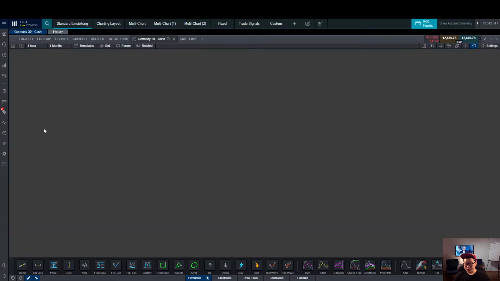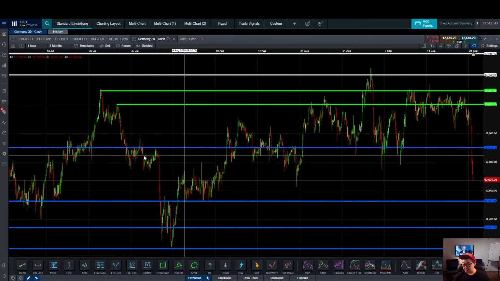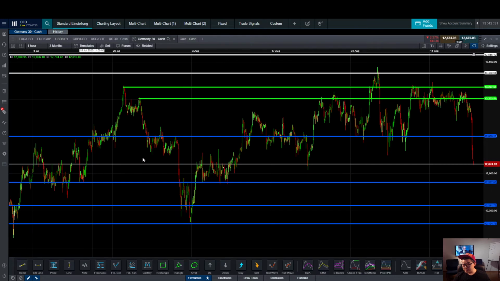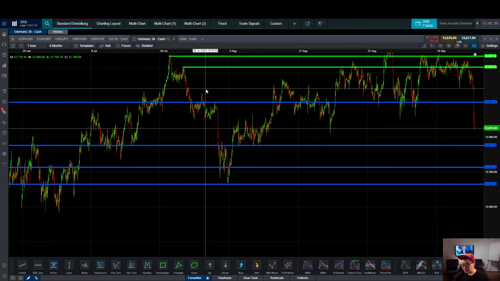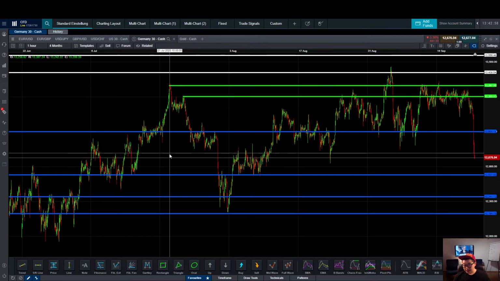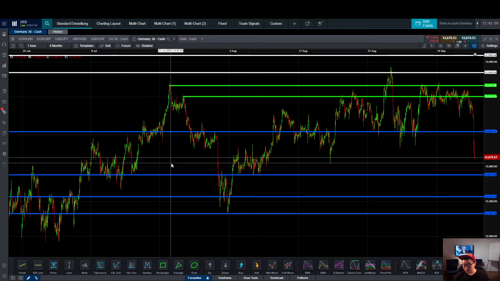Then we go into the 1 hour to see if there is any other support or resistance that we want to take into consideration. In this area, ish, would be one.